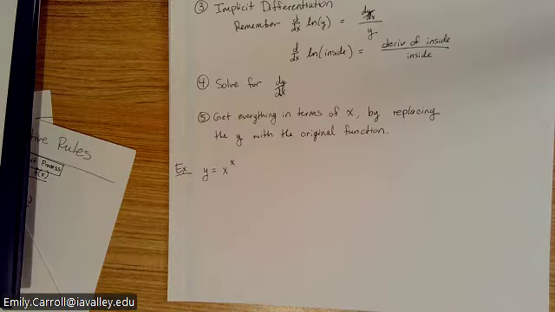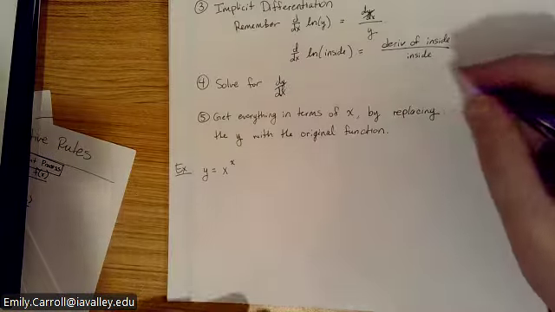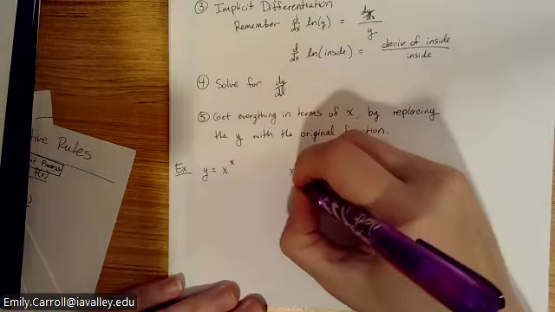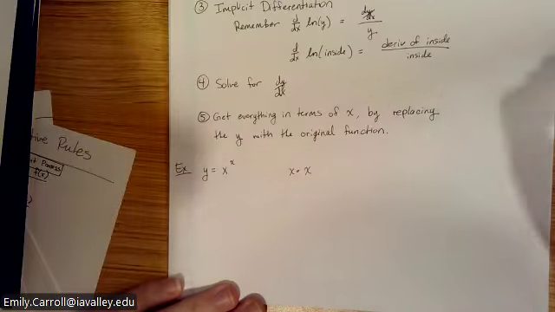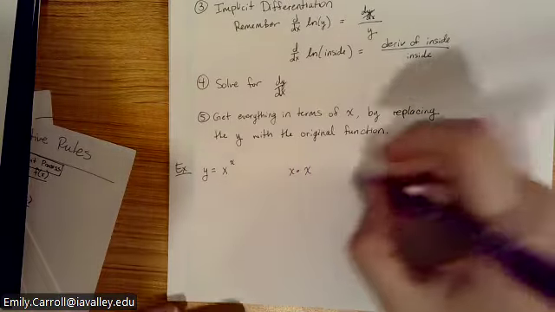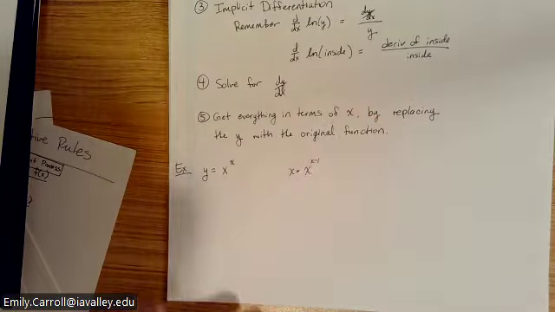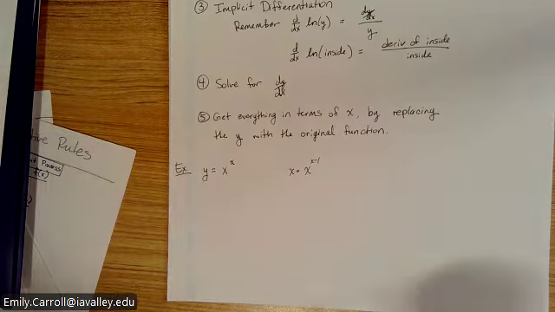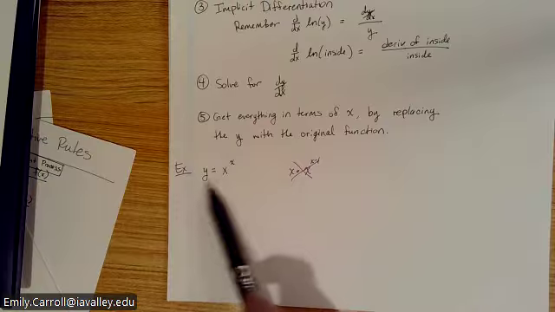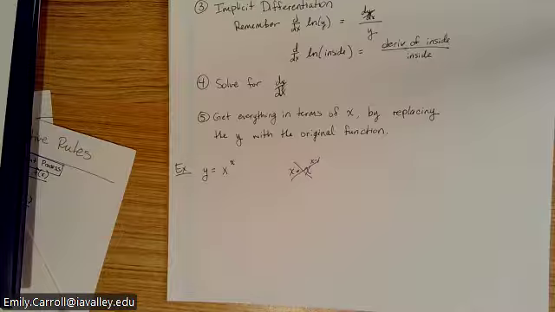So power rule might make you think, okay, the exponent swings down, I keep the x the same, and then I drop the degree by 1. That doesn't end up working out. Turns out for this function, logarithmic differentiation is really the only way forward, the only way that I can think of.